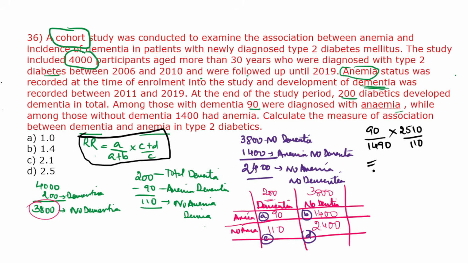If you calculate this value, you will get the answer as 1.4. I have calculated, you calculate for yourself. So this is the answer for this question, 1.4. This is how you have to calculate this question. All the students, please solve this question 2 or 3 times until you become perfect, then remember the question and also the answer.